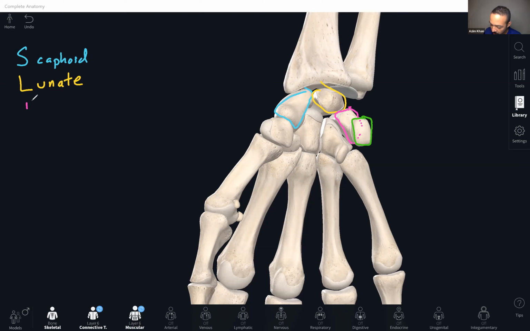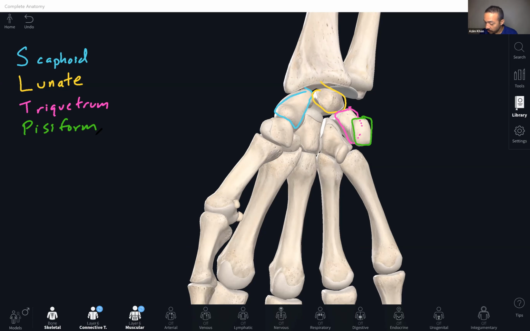The pink one is called triquetrum. It's my favorite word there. The green one is called the pisiform. These are some really funny names for these carpal bones, and that's just the proximal row.